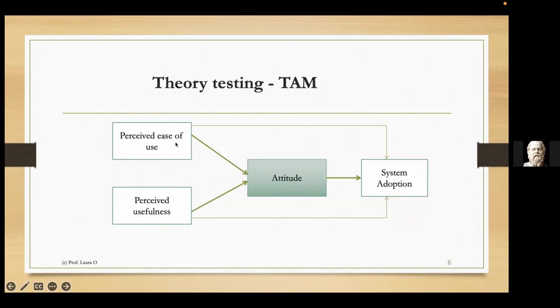So what business is it for you to force those different items under adoption? Adoption is adoption, simple. Adoption is usage of a system, okay? So why do you force dimensions on adoption? Why do you force dimensions on perceived usefulness, okay?